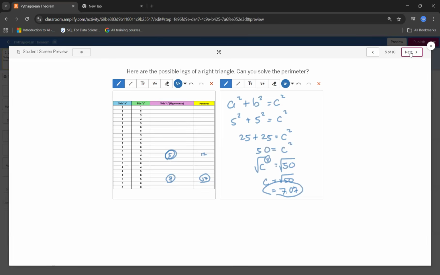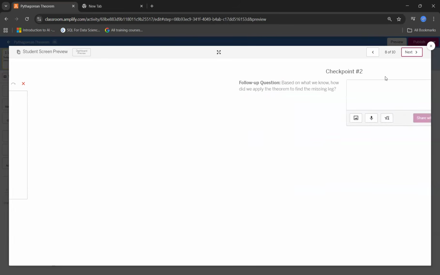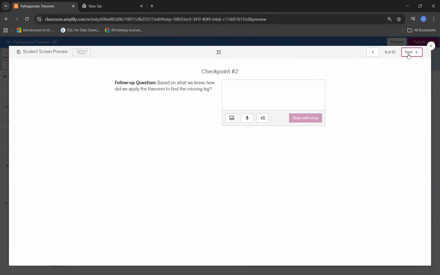And as you have noticed, if the b or a is missing, we are subtracting either a or b to the hypotenuse or the side c. And that's how we get the answer. So maybe that could be a wrap up of this lesson.